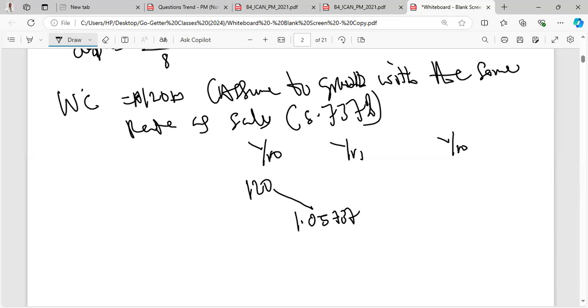So this is raised to power 1, this is raised to power 2. So let's try that again. We have 1.05737 multiplied by 120. That will give me 126.88.